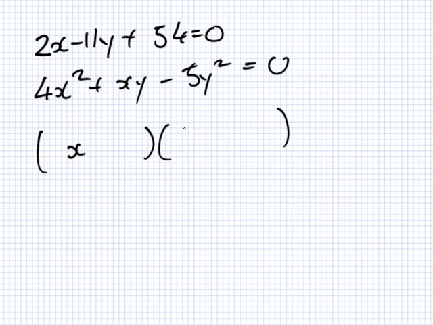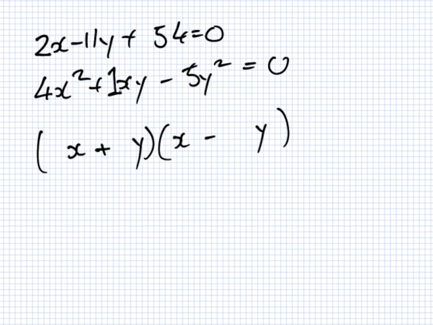It'll be an x plus y, and it'll be an x minus y. So we need two numbers that multiply to make 5, two numbers that multiply to make 4, and the inner and the outer has to make 1 here.